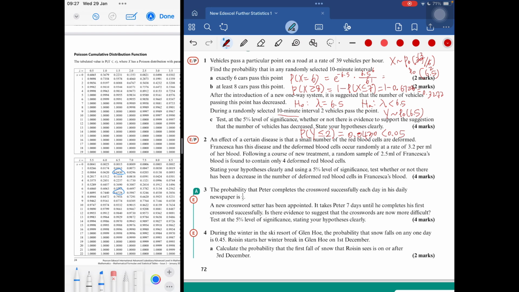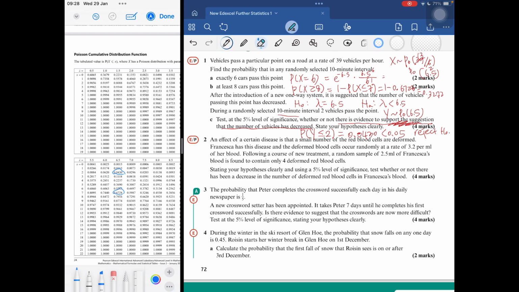So we reject H0. So there is sufficient evidence to support the claim that the number of vehicles has decreased. That is our answer.